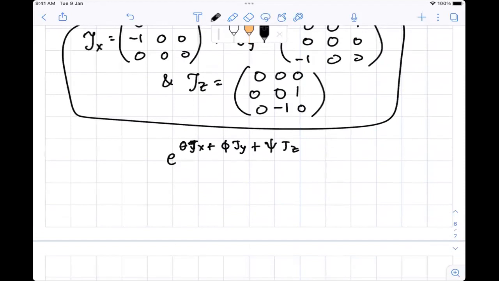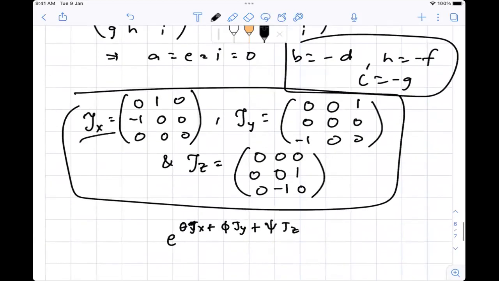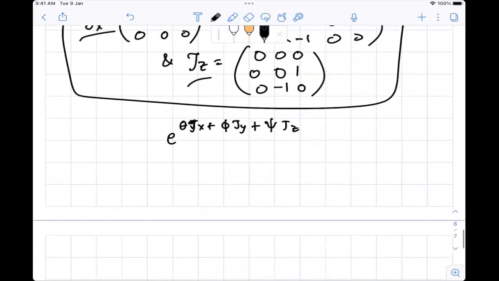If you know how you can reach that angle, by rotating about various axes by theta, phi, and psi. So that's one part. In a way, we are studying the whole group not in terms of the rotation matrices, but how these matrices are generated by these 3 generators, Jx, Jy, Jz. And they also have certain properties.